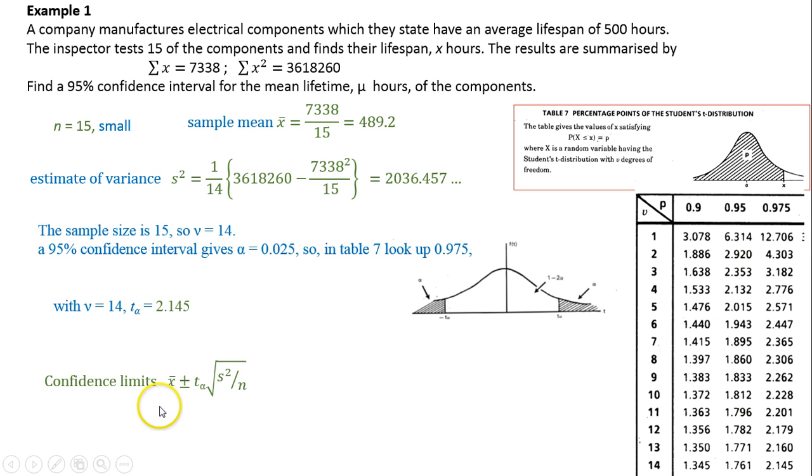Therefore, the confidence limits would be x bar plus or minus the t for alpha times the square root of the variance of x bar, which is s squared over n.